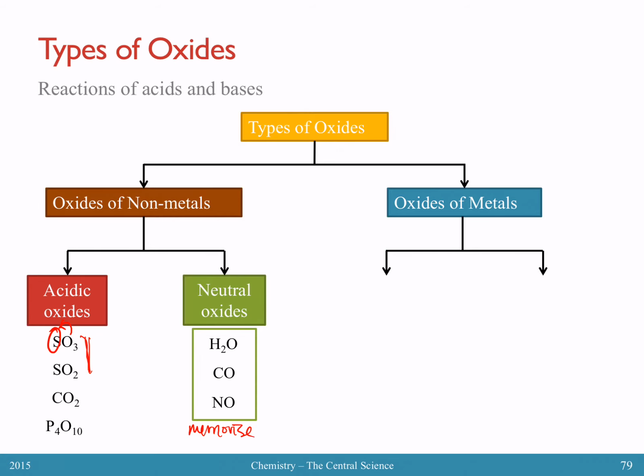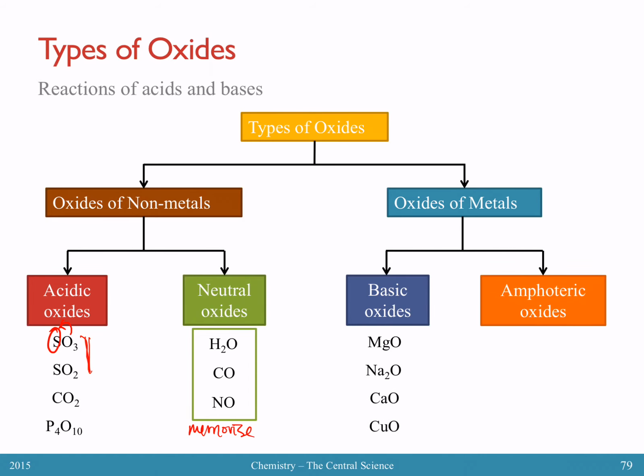Now, an oxide of metal can be categorized as either basic or amphoteric. Okay, note, I asked you what's the definition of a base before, right? A base is a metal oxide or hydroxide.